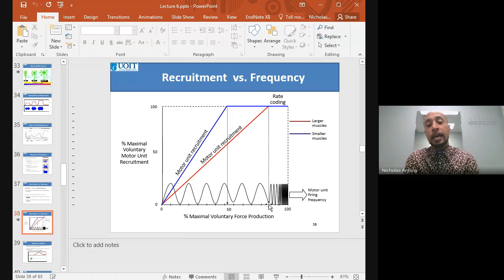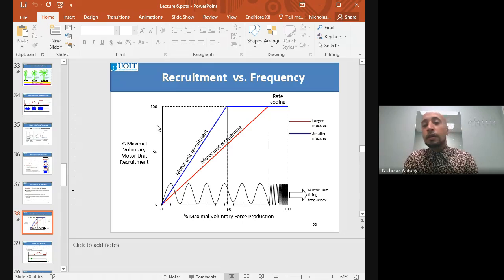Whereas on the x-axis, we have the percentage of the amount of force generated in a muscle. So we have a quad, we're flexing our quad by 0 to 100%, and this is the percentage of motor units that are being activated for that given muscle.